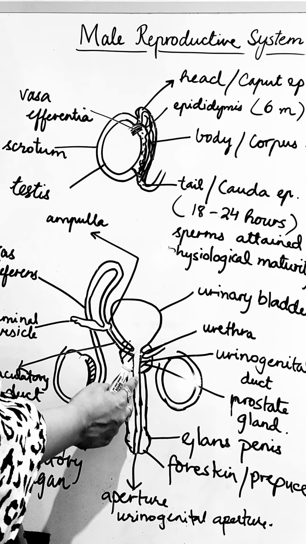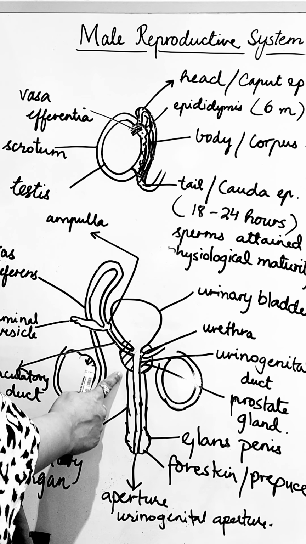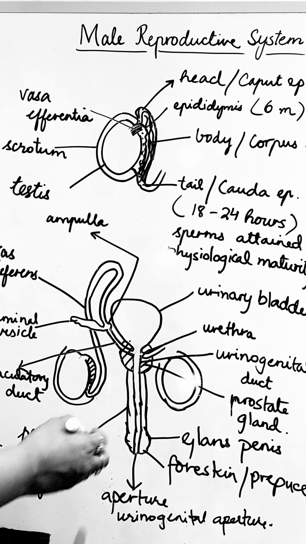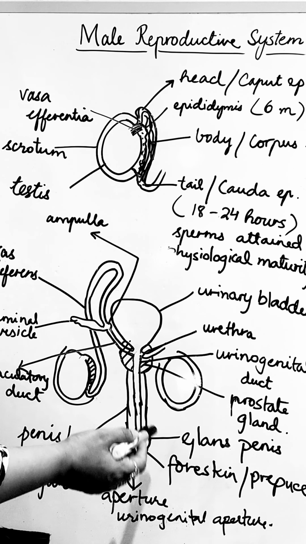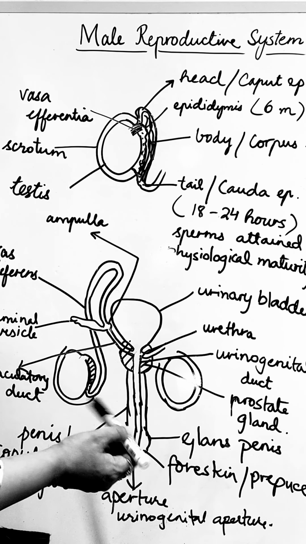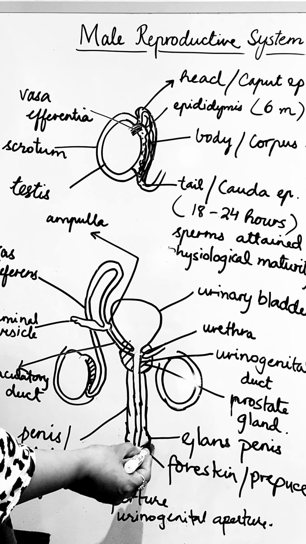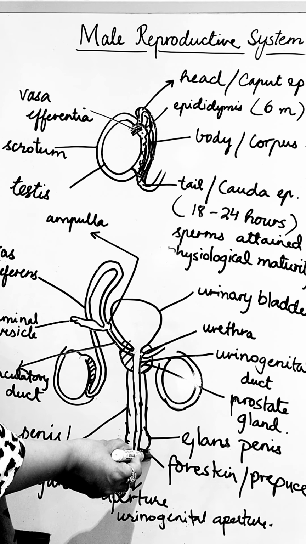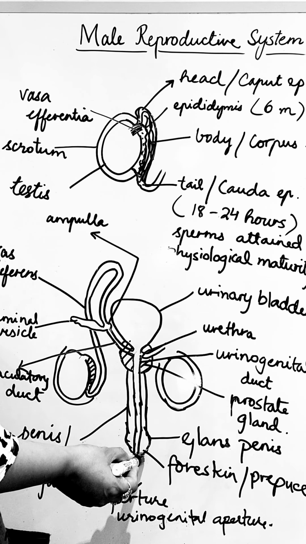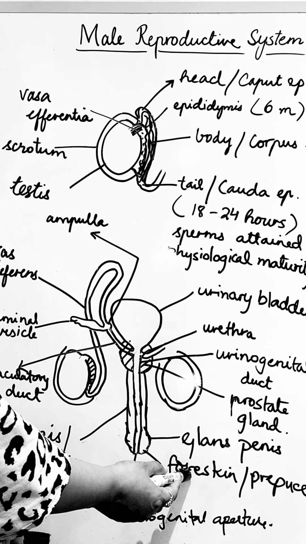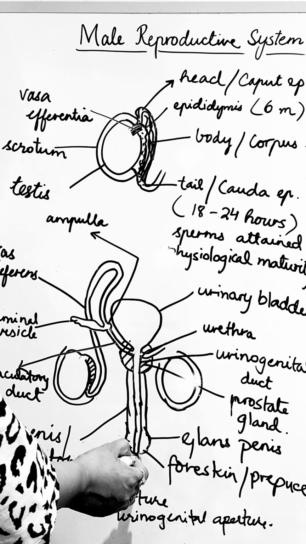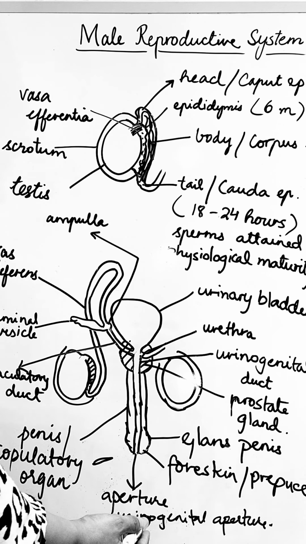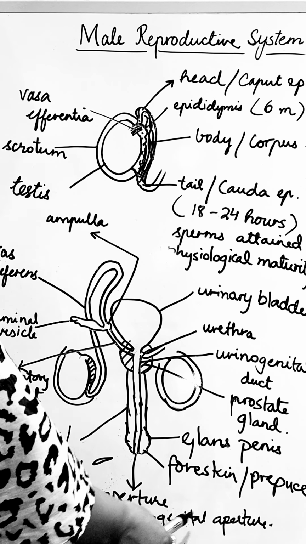This passage continues downward into the penis, the male copulatory organ or external genitalia. At the end, this structure is swollen, which is called the glans penis, and it is guarded by a folding of skin called the foreskin or prepuce. This slit-like aperture is known as the urinogenital aperture.